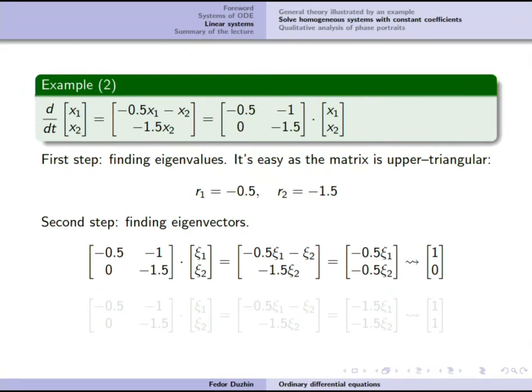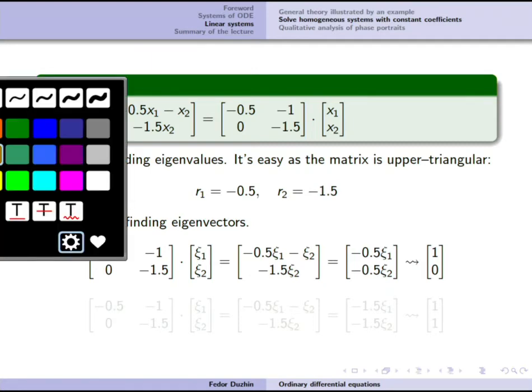So here is how you can find eigenvectors. That's how I write it down. Maybe your linear algebra lecture taught you a different way to write it down. It doesn't matter. The important thing is that you need to write these two equations.